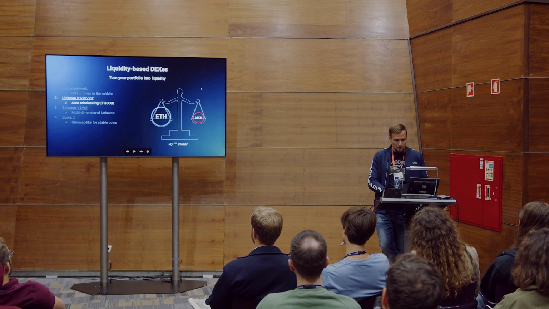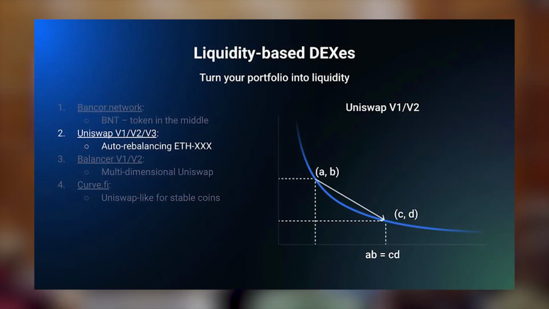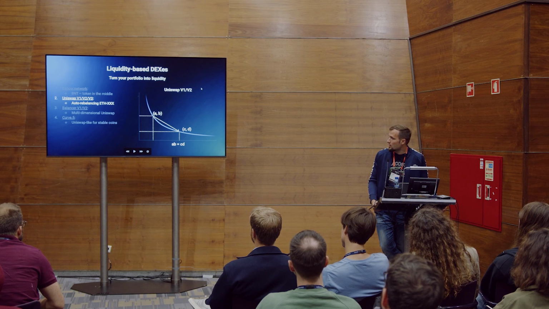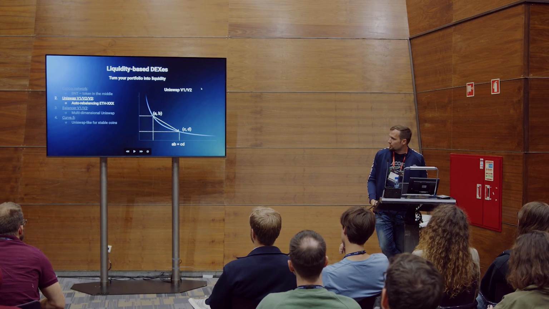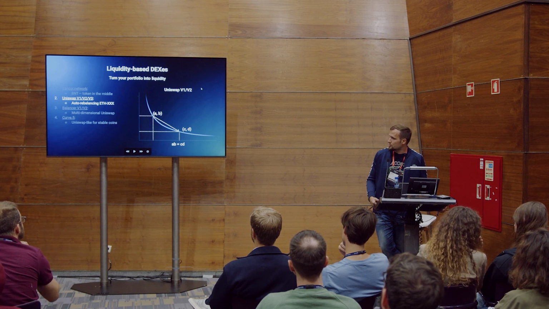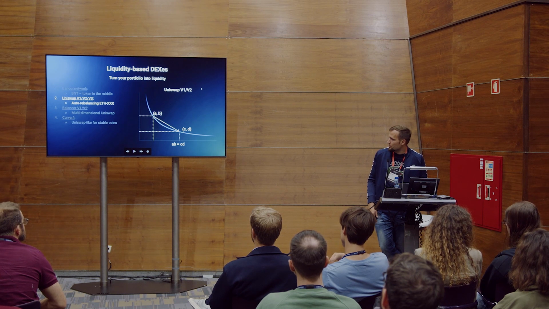So when you try to swap something, for example, you want to decrease balance A to C, it can compute how much it would give you back to keep the multiplication constant. If you look at a balances chart, your balances would move along this line. It's usually called the invariant.